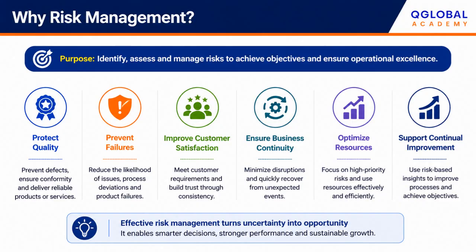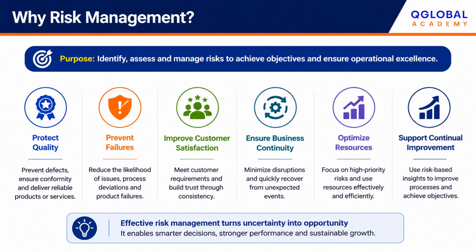Risk management also helps improve customer satisfaction. Consistent quality, reliable delivery, and dependable service build customer confidence and trust. Another major benefit is ensuring business continuity. When unexpected events occur, organizations with effective risk management recover faster and minimize operational disruption. Risk management also helps optimize resources.